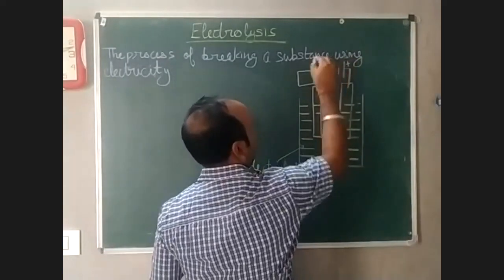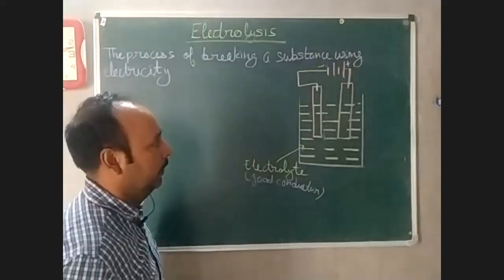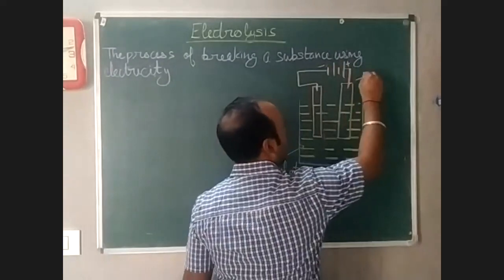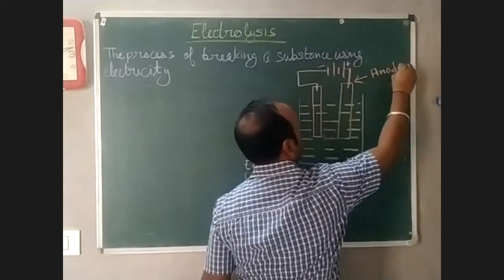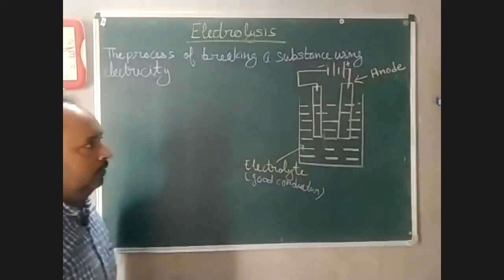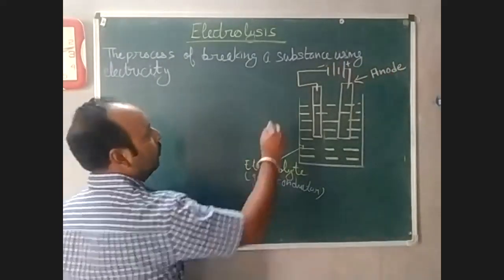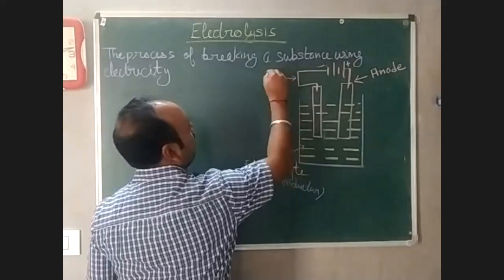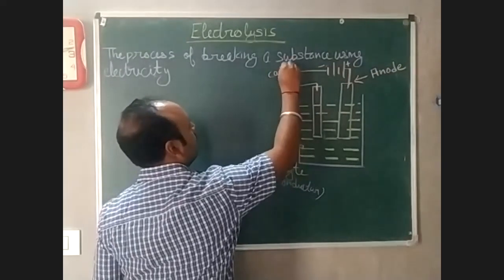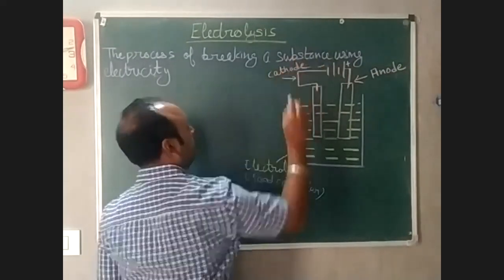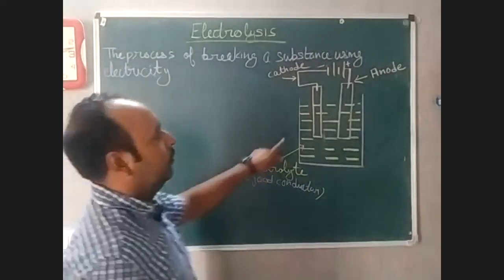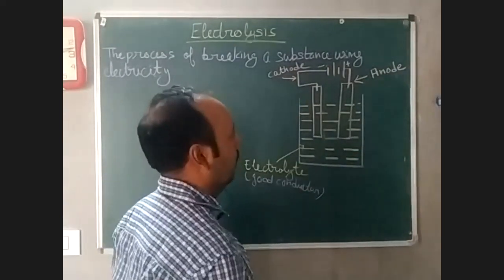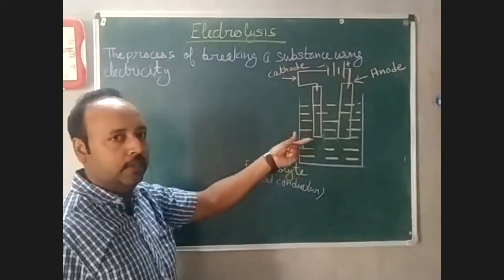So this is the positive terminal, this is the negative terminal. The rod which is connected to the positive terminal is the anode, and the rod which is connected to the negative terminal is the cathode. Anode and cathode, right? So this is the simple arrangement for electrolysis.